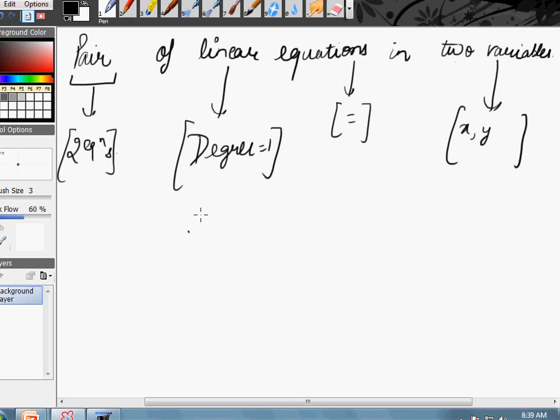Today, we'll be starting a new chapter titled Pair of Linear Equations in Two Variables. Friends, by pair we mean having two terms, which here means two equations. Linear: we have studied in the polynomial chapter that a polynomial having degree 1 is a linear polynomial.